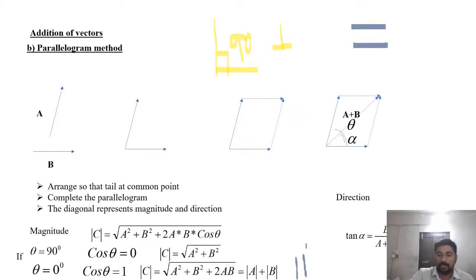Magnitude of A plus magnitude of B. Next, you have to know the direction. So this is the magnitude and you have to know the direction. For the derivation, you can use the parallelogram and derive. You will get an expression for tan alpha, where alpha is the angle between the resultant and B. Tan alpha is equal to magnitude of B into sin theta divided by A plus B cos theta.